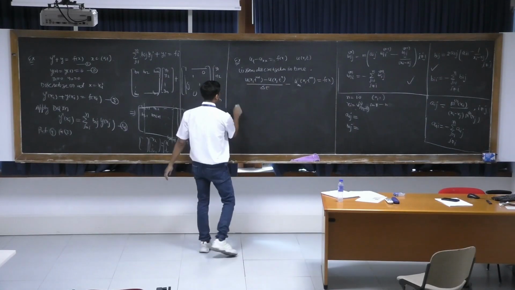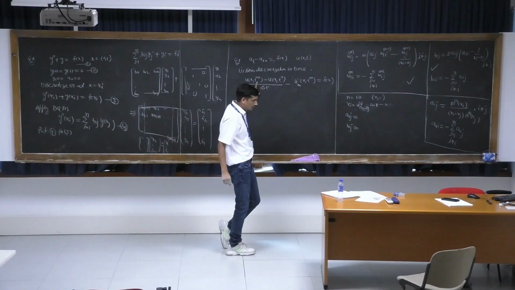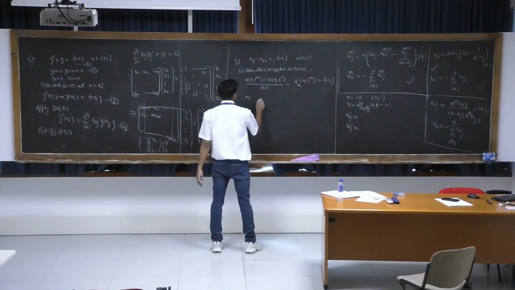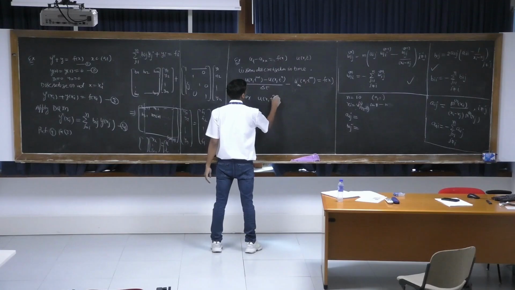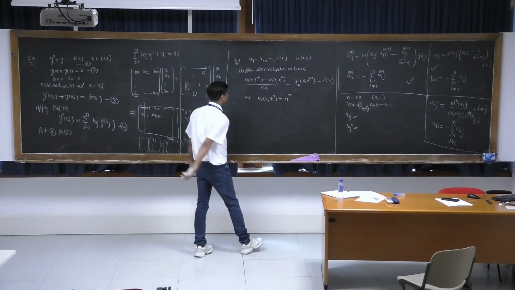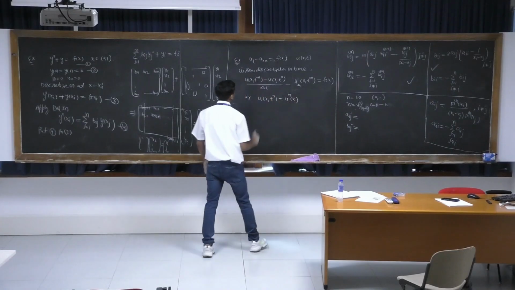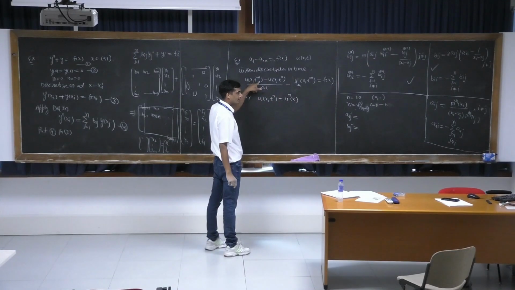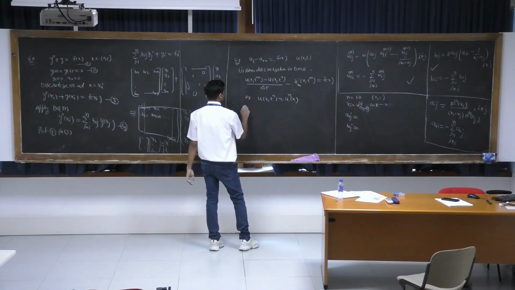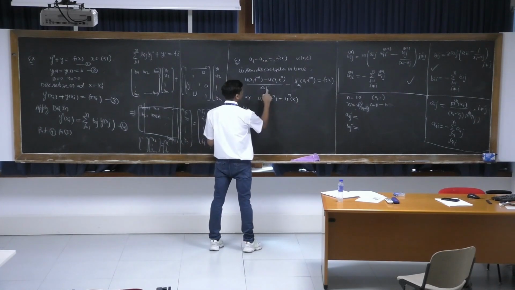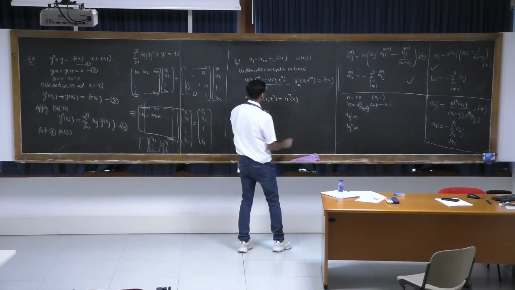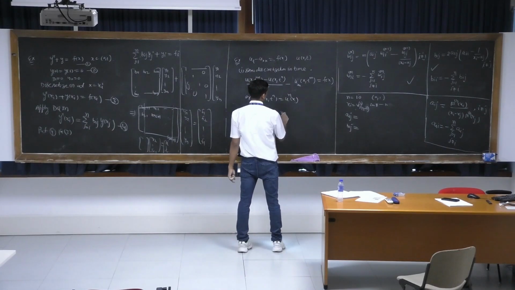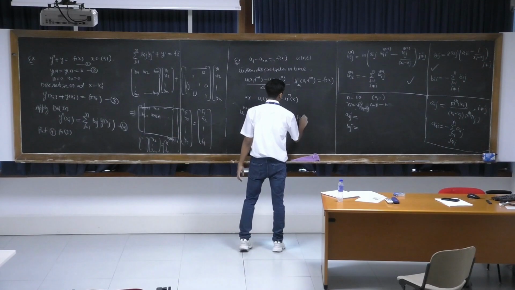So simplifying this, say this is u of n for simplicity. So the unknown is what? The unknown is u of n plus 1. So you can write u n plus 1 minus delta t u_xx n plus 1, and this term will go to that side because it is the known thing, u of n, plus delta t f of x.